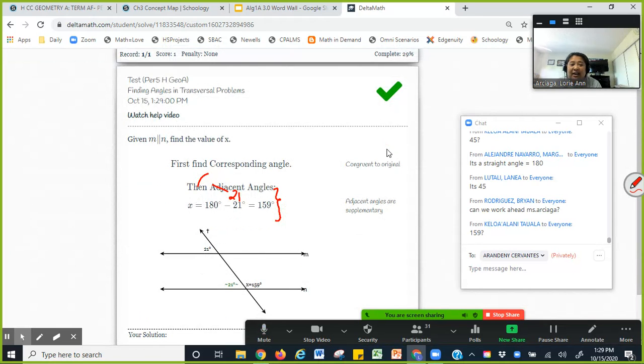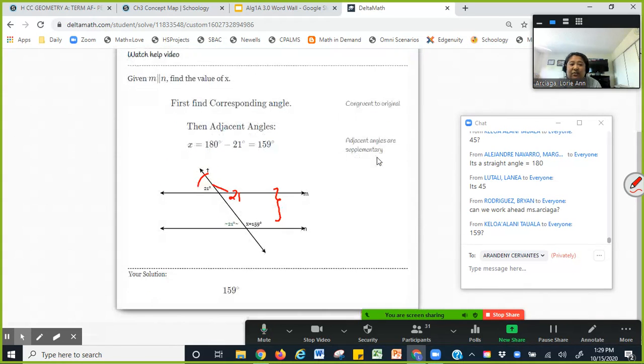Yay! All right, so one way to do that is just like what I was showing you earlier. You put the 21 for the vertical angles. There you go. And if you subtract that from 180, because same side interior angles are supplementary, right? Or you see how Delta Math is showing you another method.